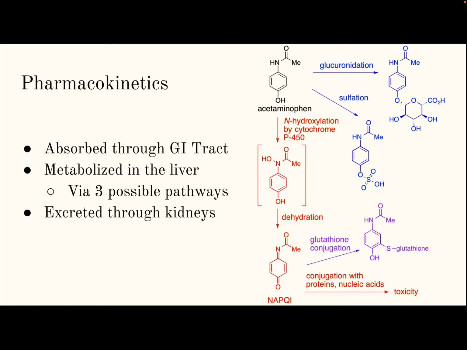All three pathways lead to non-toxic final products that are then excreted through the kidneys. Although there is an intermediate product in the cytochrome P450 pathway, the intermediate is NAPQI, and it's believed to be responsible for the possible liver toxicity that acetaminophen can cause.